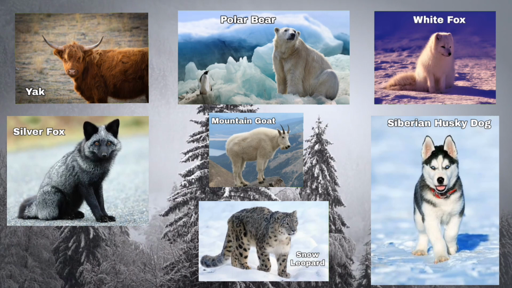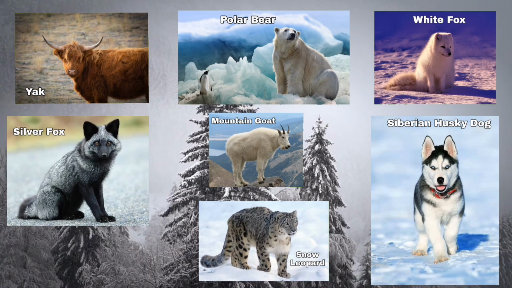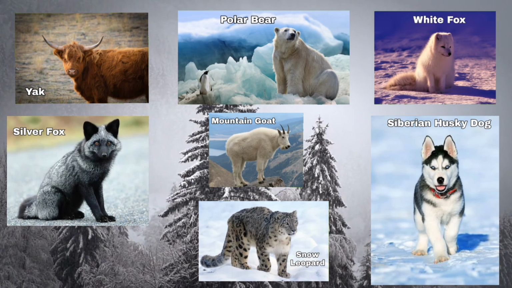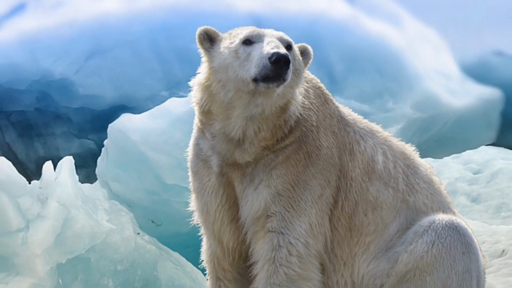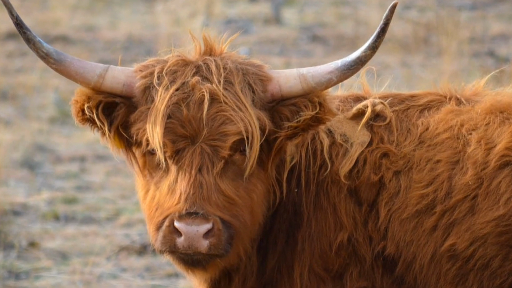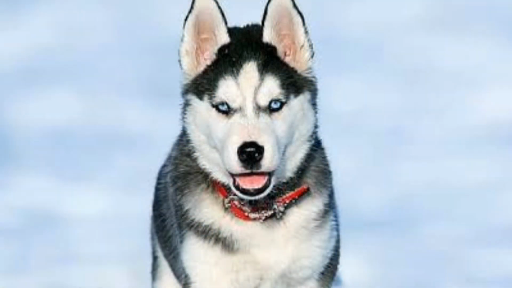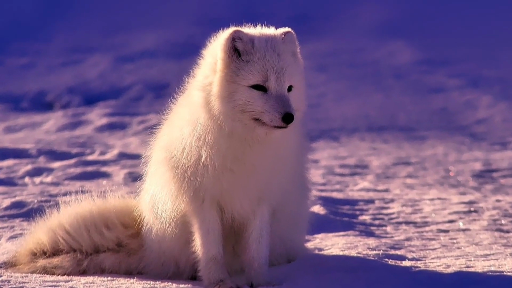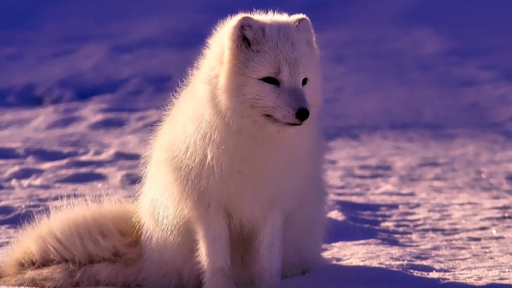Compare these images with those of similar animals from tropical forest. A white or silver body color and long thick hair on the skin are typical characteristics of animals of snowy regions. How are these useful to them?